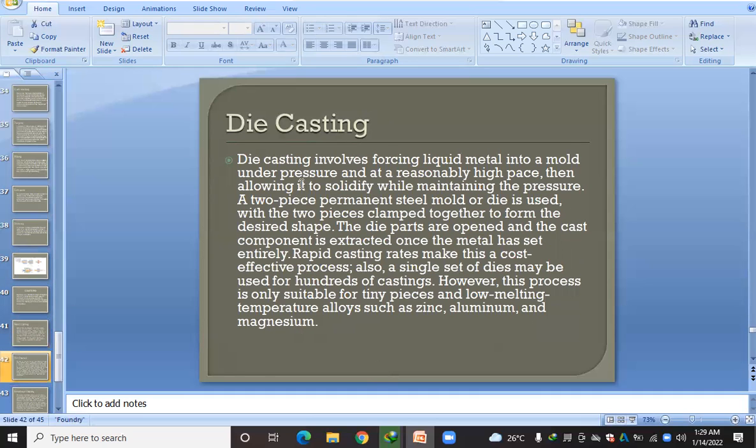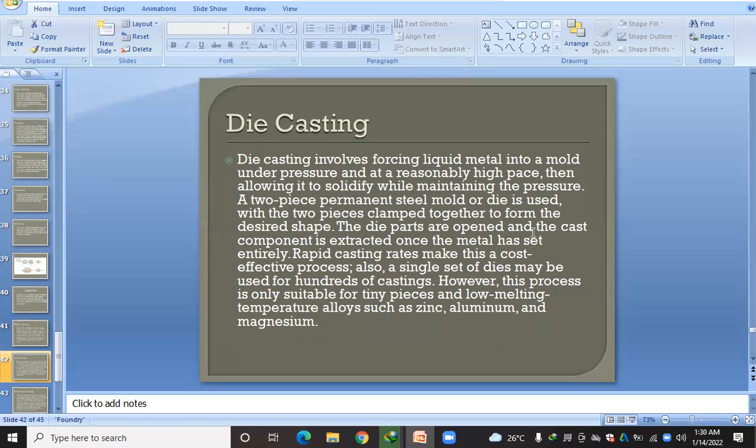Die casting. Die casting involves forcing liquid metal into a mold under pressure and at a reasonably high speed, then allowing it to solidify while maintaining the pressure. A two-piece permanent steel mold or die is used, with the two pieces clamped together to form the desired shape.